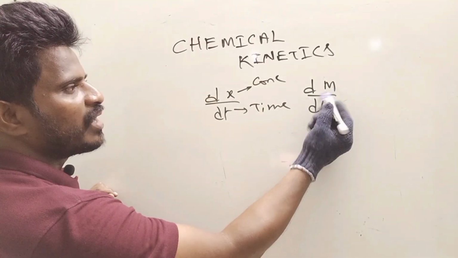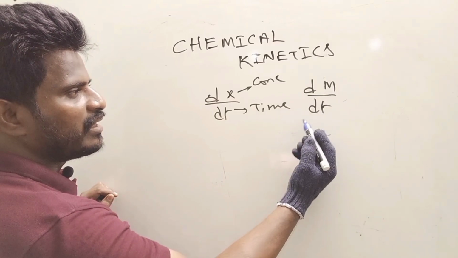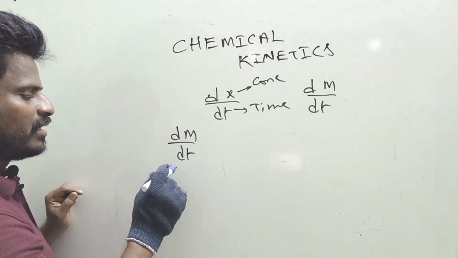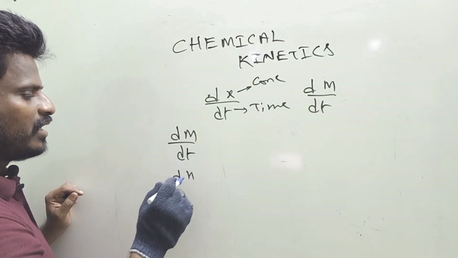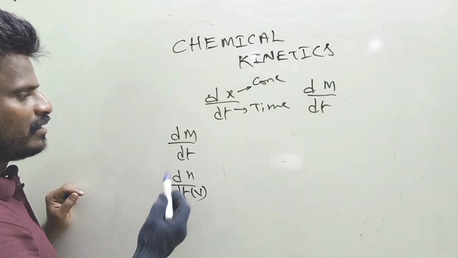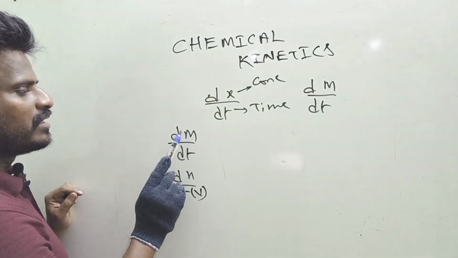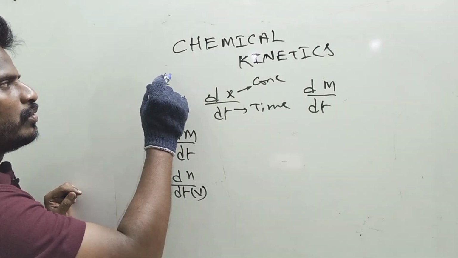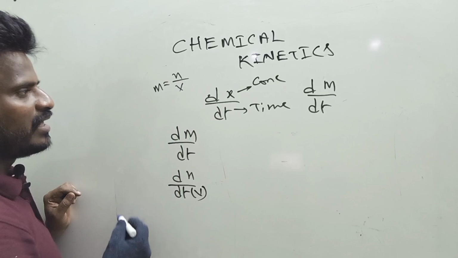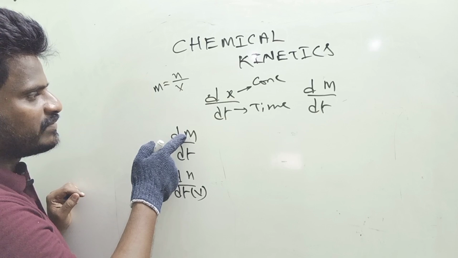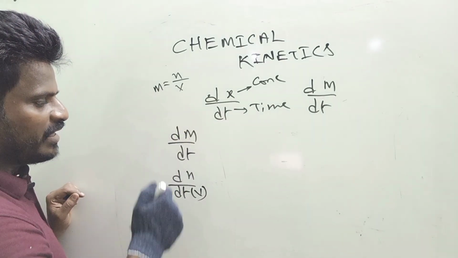Here m is the molar concentration, and it may be represented as dm by dt or dn by dt into V. For molar concentration, m is equal to number of moles per liter volume V. That's why we can replace the m value with n by V.